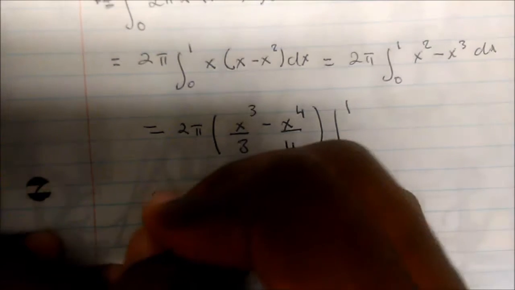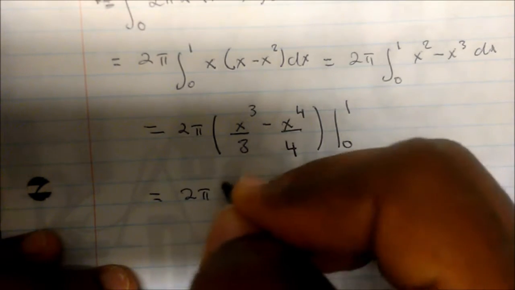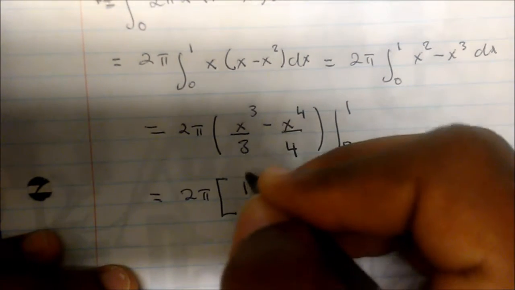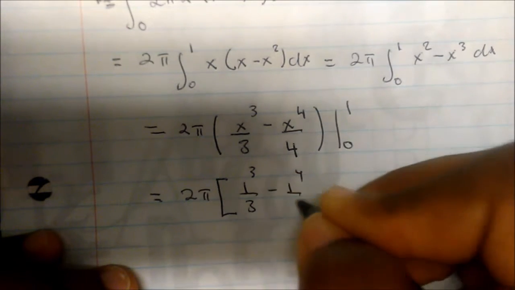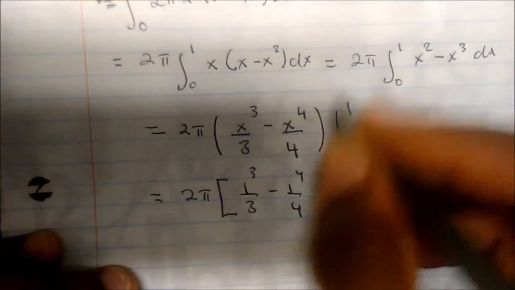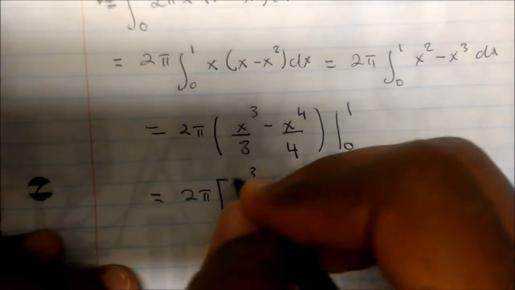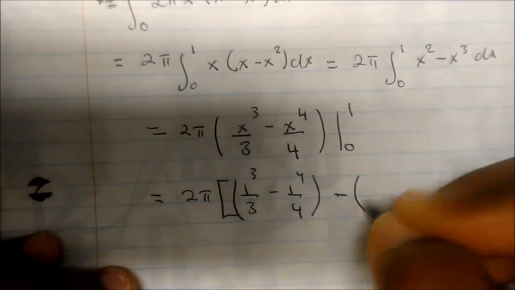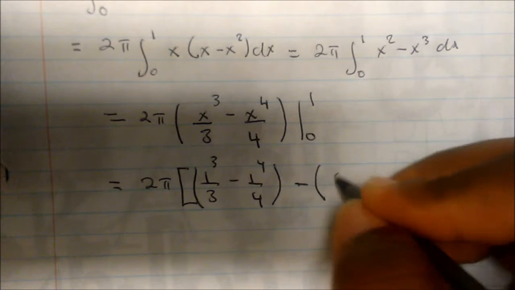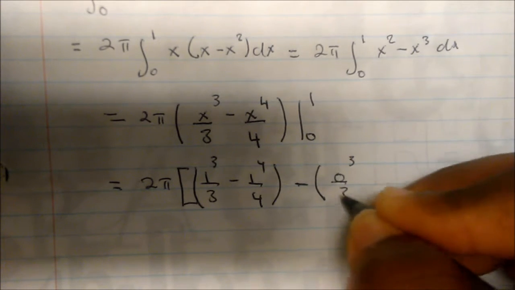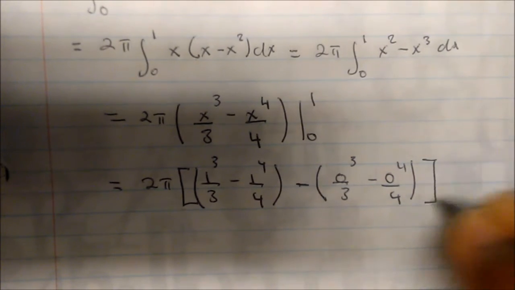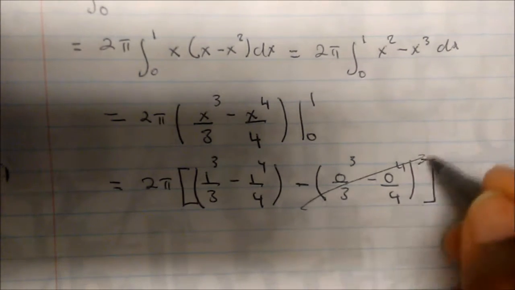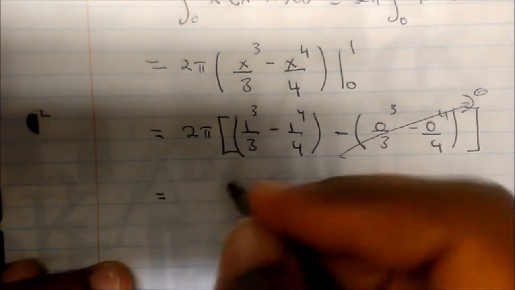So if I plug in, this becomes 2 pi times 1 cubed over 3 minus 1 to the 4th over 4. Let's put this in parentheses, and this is all being subtracted from 0 cubed over 3 minus 0 to the 4th over 4. And we know all of this will eventually go to 0, so we are only left with this part.